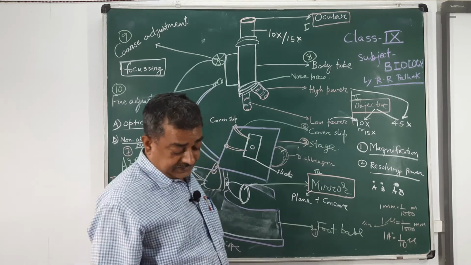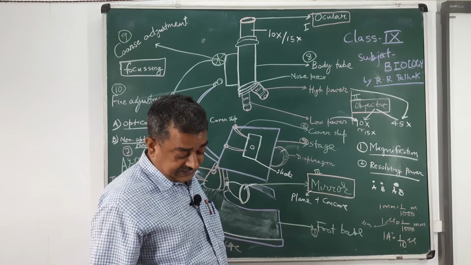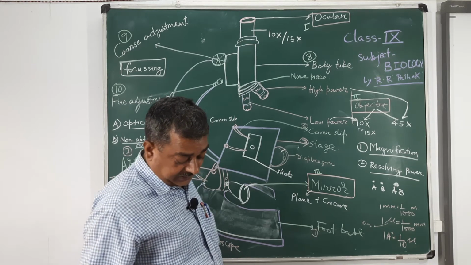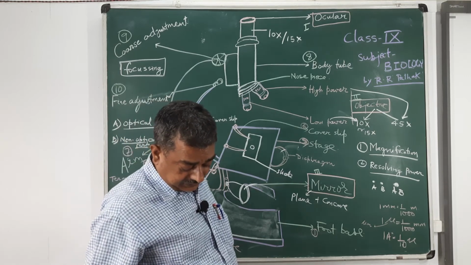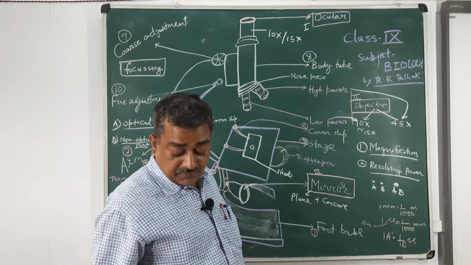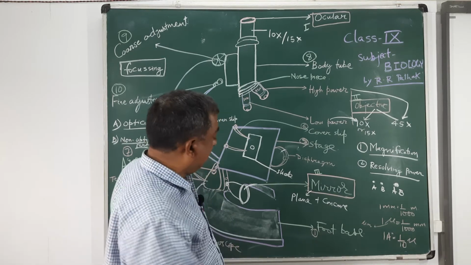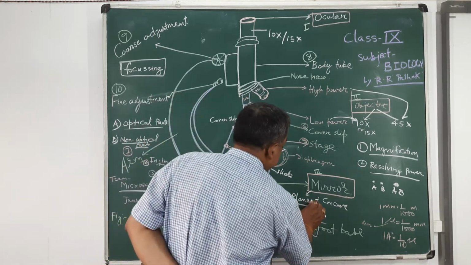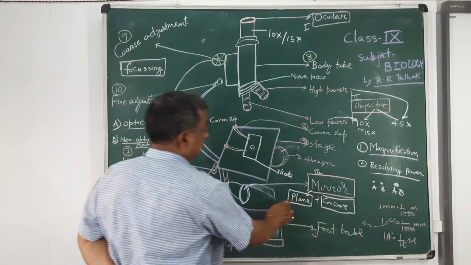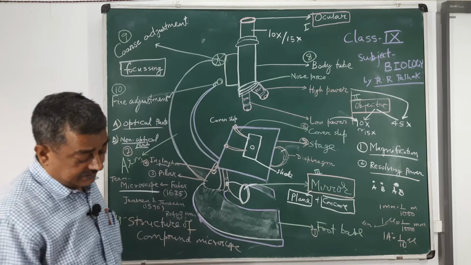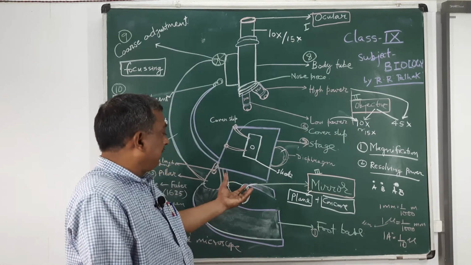If the source of light is very close, or the light is strong, or a low power objective is used, light is generally focused by the plane mirror. If the light is very close or very bright, the plane mirror is used. So, it is a very important part.